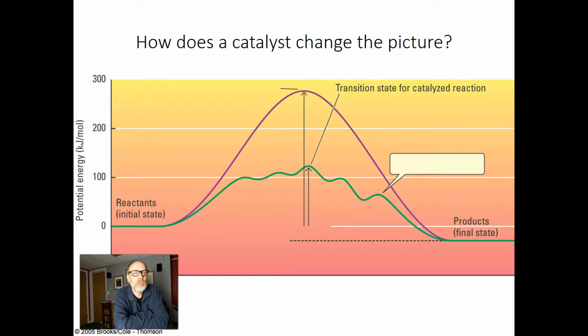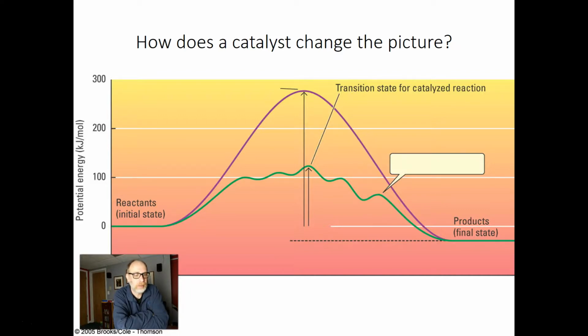And when you lower the activation energy, the amount of energy that collisions need to react doesn't need to be nearly as high. So we can get to the product state much more easily than we could before.